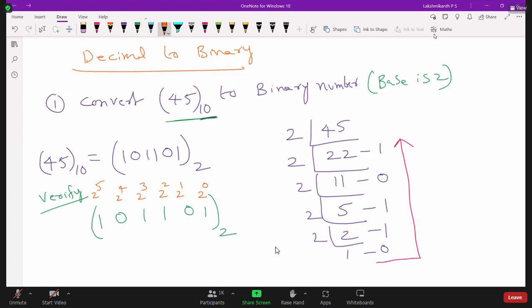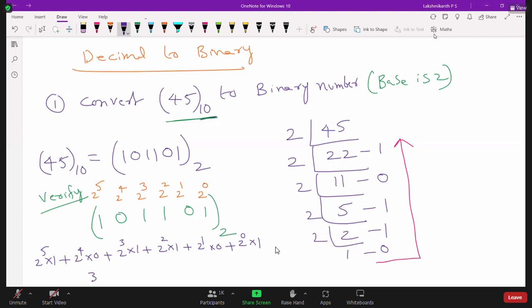You should multiply and add to convert this. Starting from the leftmost digit: 2 power 5 into 1, plus 2 power 4 into 0, plus 2 power 3 into 1, plus 2 square into 1, plus 2 power 1 into 0, plus 2 power 0 into 1. Now add this.